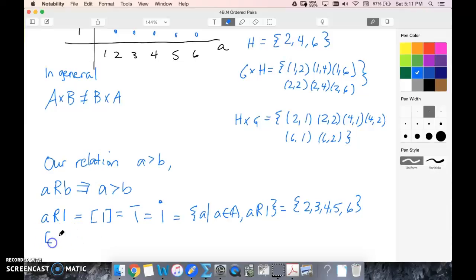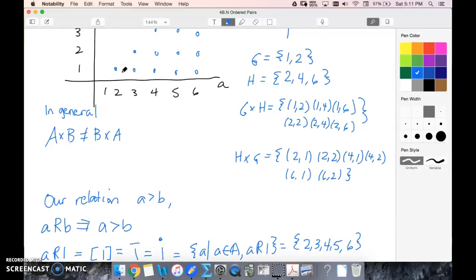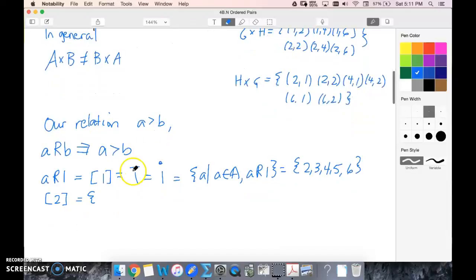Similarly, we could write out 2. That's going to be, if we look when B is 2, our A values are 3, 4, 5, 6. So this is a specific subdivision of our relation. We call these subdivisions the equivalence classes.